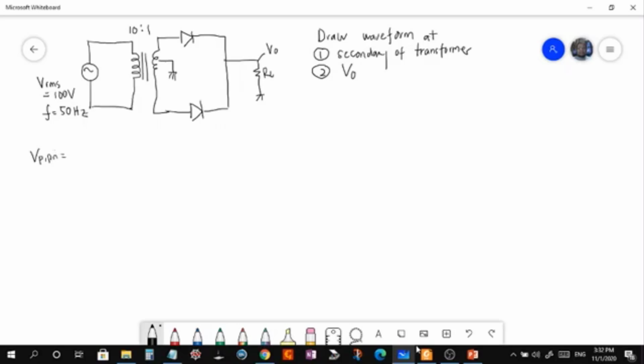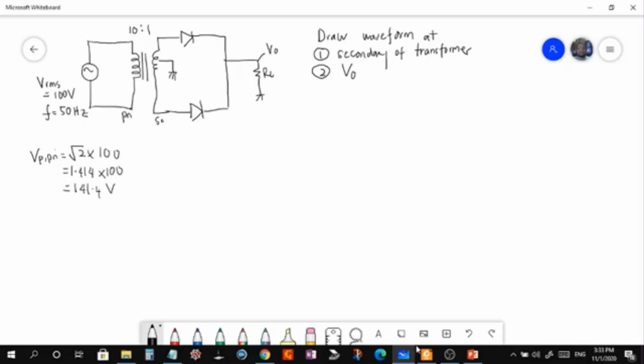V peak of the primary is square root 2 times VRMS, 100. This is the relationship between V peak and VRMS, where square root 2 is 1.414. So we get 141.4 volt. This is at the primary.